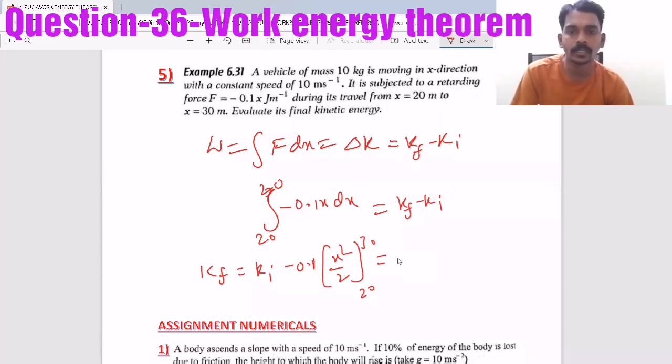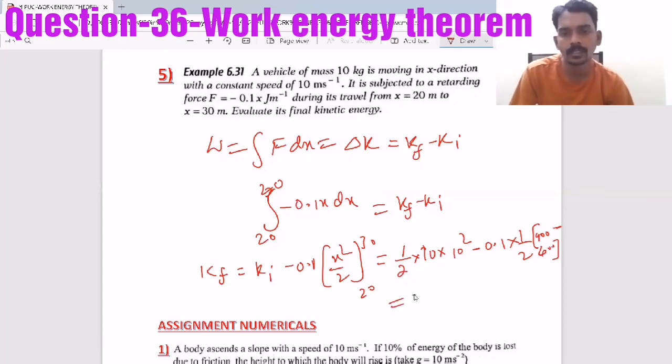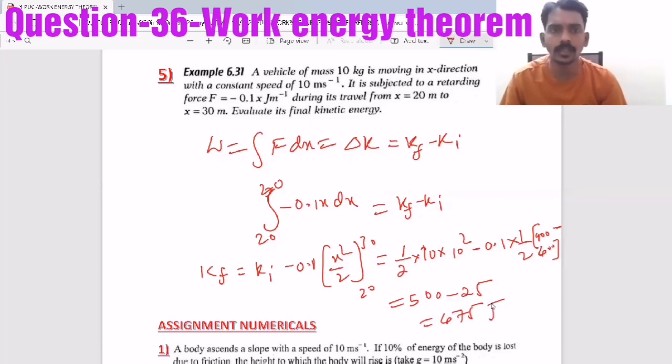So K initial is half m u square, that is 10 square, minus 0.1 times 1 by 2 into 30 square, that is 900, minus 20 square, that is 400. So if you calculate, this is 500 times 0.1, that is 50, by 2 is 25. So 475 joules.